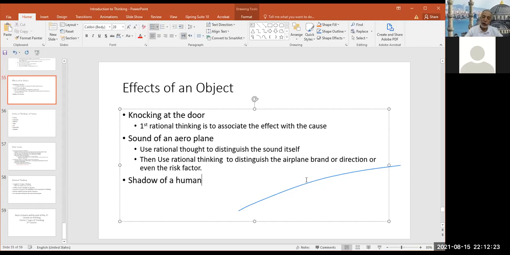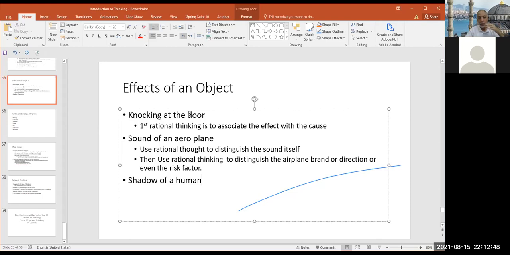Like the issue of knocking at the door. I can come to the conclusion that the one who is knocking at the door is a boy or girl, not grown up, not higher than 1.5 meters height, based on where the knock is coming from.